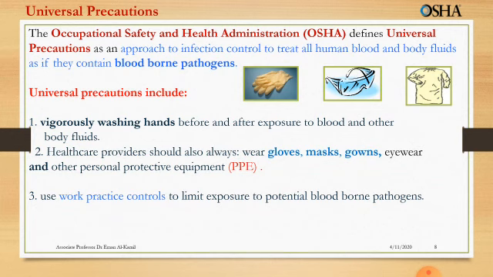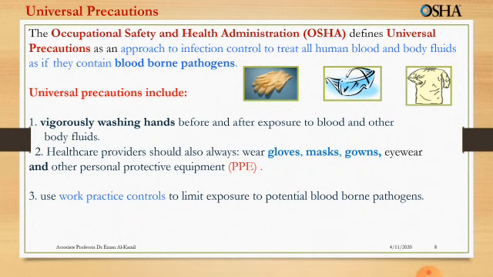So the universal precautions include the following. First, vigorously washing hands before and after exposure to blood and other body fluid. Always wash hands before and after dealing with these materials.